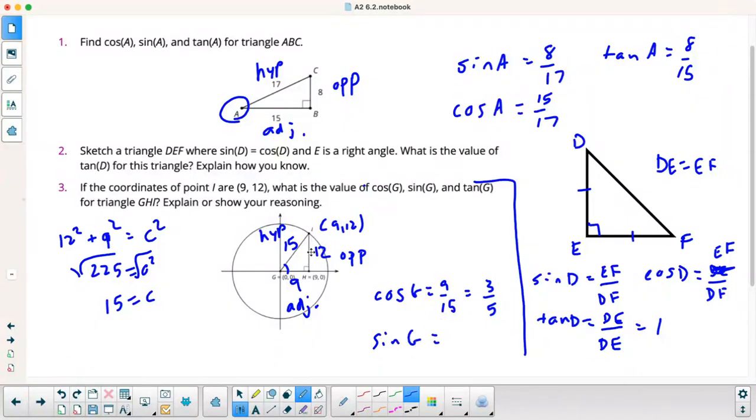Sine of G is 12 over 15, which if I reduce that, it's 4 over 5. Tangent of G is opposite over adjacent, 12 over 9, which reduces to 4/3. Okay.